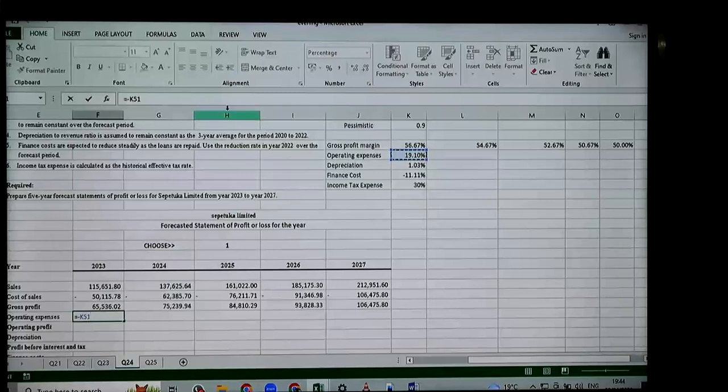I start with a negative sign. Let me see, let me check on the charts.